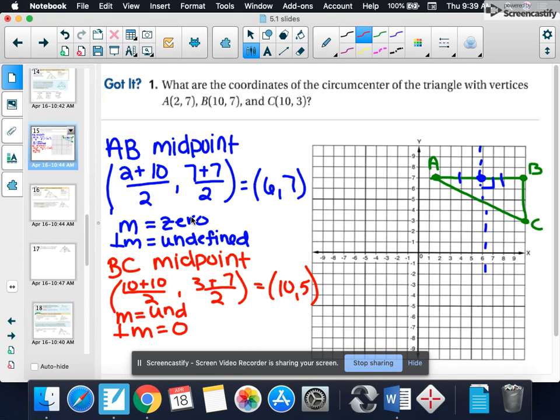I'm going to plot (10, 5), which cuts BC in half, and draw a dotted line there that is also perpendicular to BC. Right here we can tell where our point of concurrency is, where those two meet, and that is at the point (6, 5). So (6, 5) is our answer.